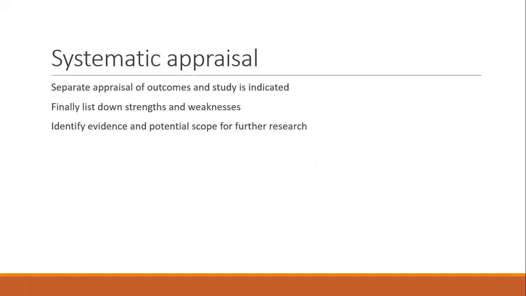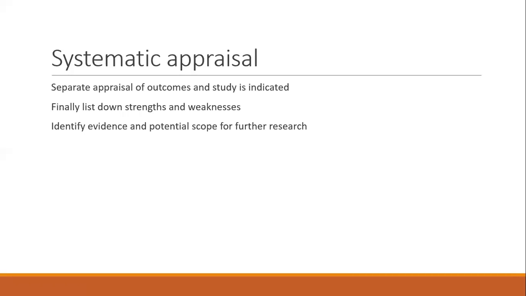Then some other points, when you have outcomes, and the outcomes are subjective, not a blood report or anything like that, then a separate appraisal of outcomes and study is indicated because outcomes themselves need to be appraised.